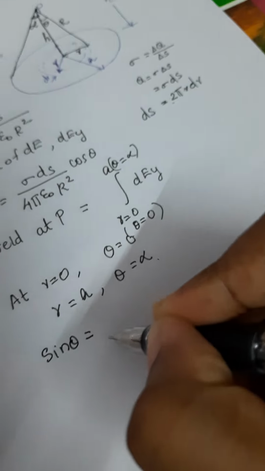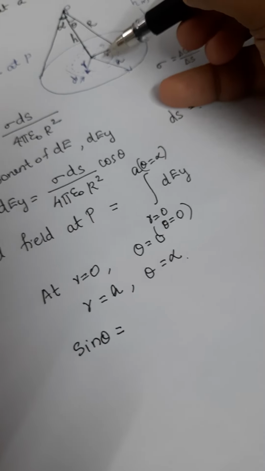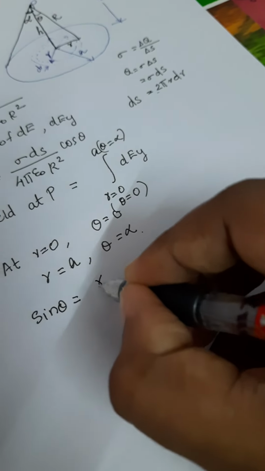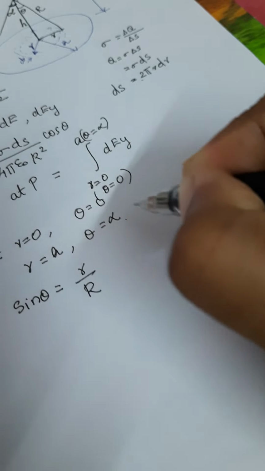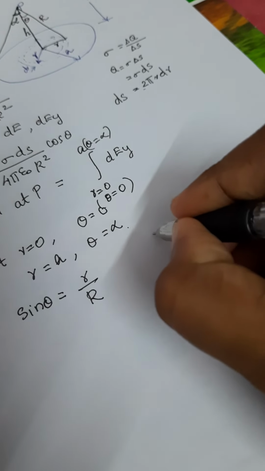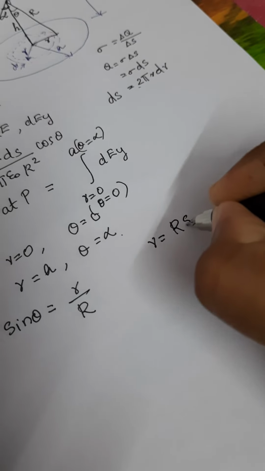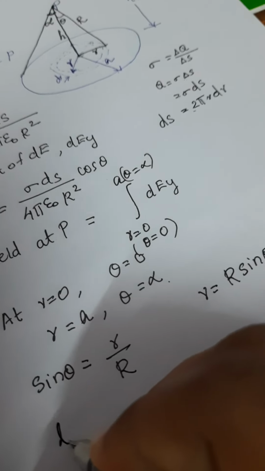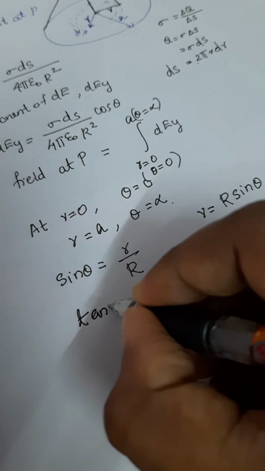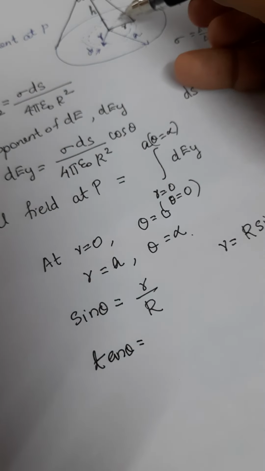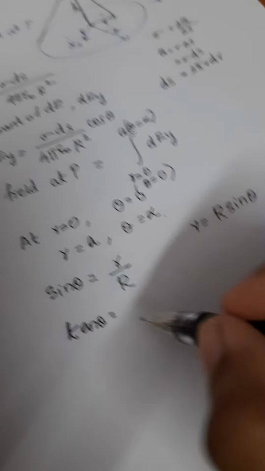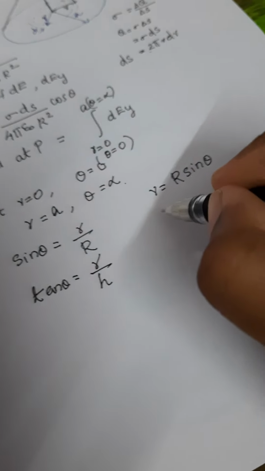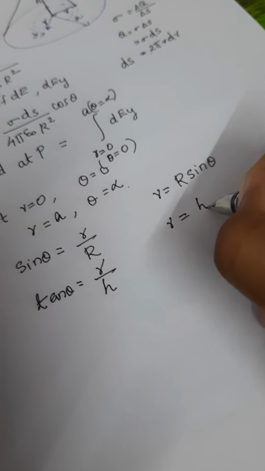Sin theta will be equal to the opposite side r over the hypotenuse capital R. So sin theta equals small r divided by capital R, or we can write r equal to capital R sin theta. Similarly, what is tan theta? Tan theta is the opposite side by the adjacent side, that is small r divided by h. So we can write small r equal to h tan theta.